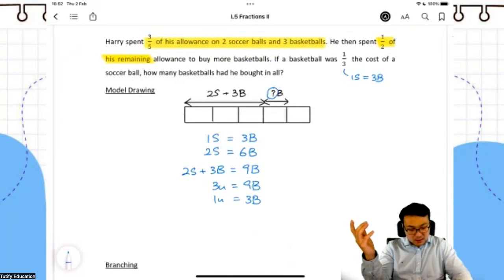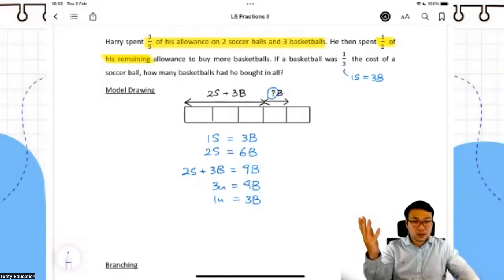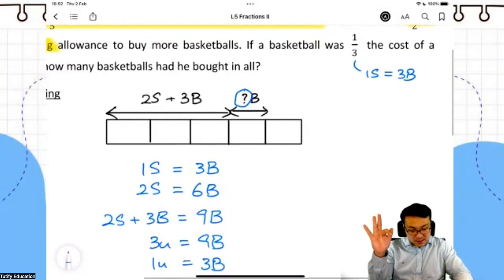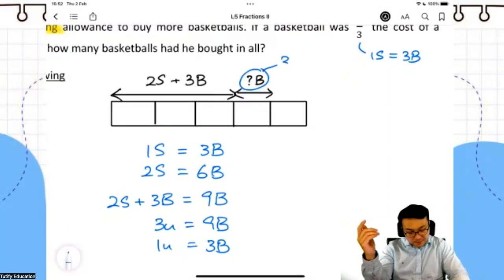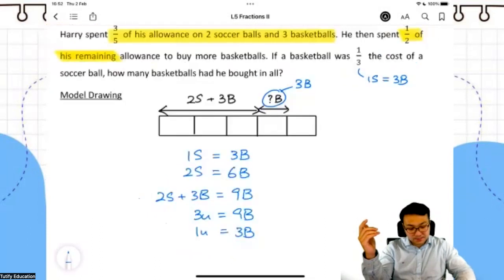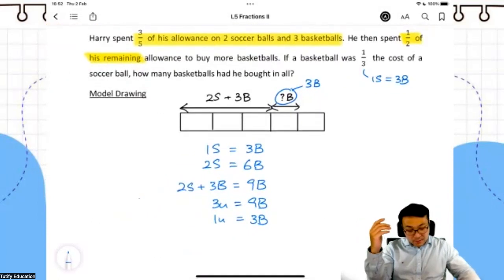Remember this question mark? We have just figured out this question mark is 3, because 1 unit represents 3 basketballs. Okay, the question says that he used this to buy some basketballs. And I now know that this is 3 basketballs, okay? How many basketballs did he buy altogether?